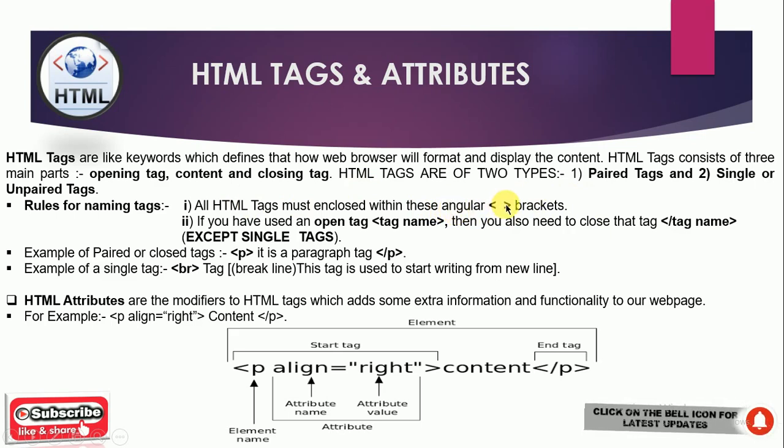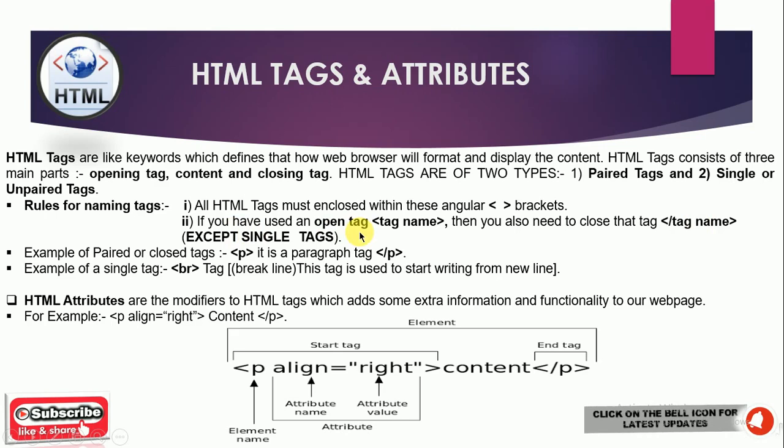Second rule: if you have opened a tag, you also need to close that tag. Closing the tag is done with a forward slash, which you put before the tag name.